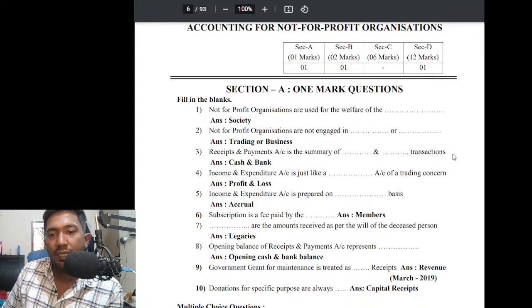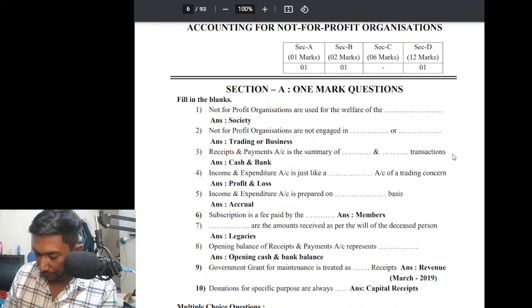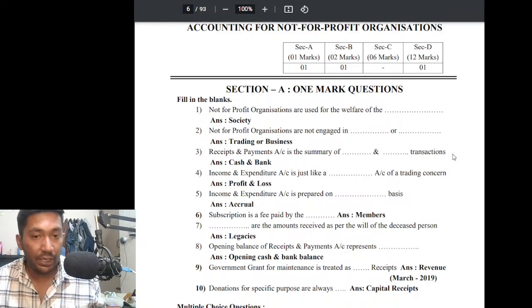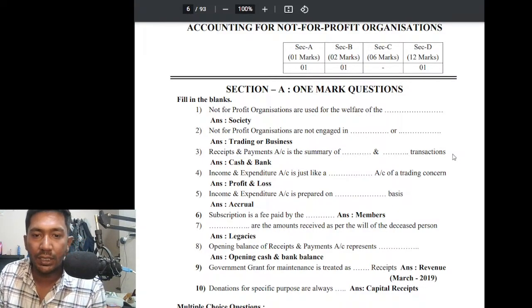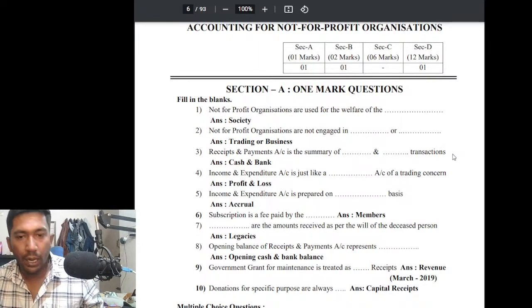So receipt and payment is a cash book, whereas income and expenditure is like a profit and loss account. Please remember this. They will ask you these types of questions in Part 1.